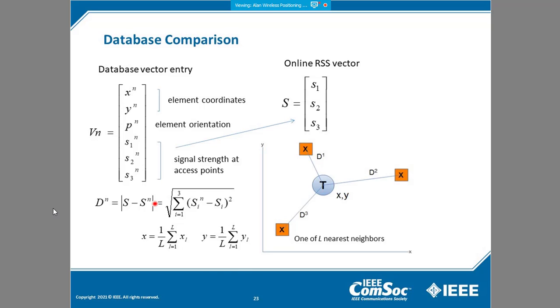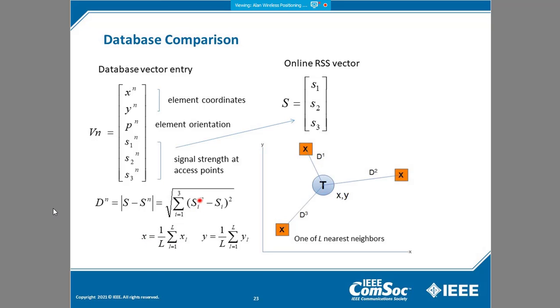This Dn actually is a distance from the point of view of a number which is related to the different signal strength. Yes, S is signal strength.